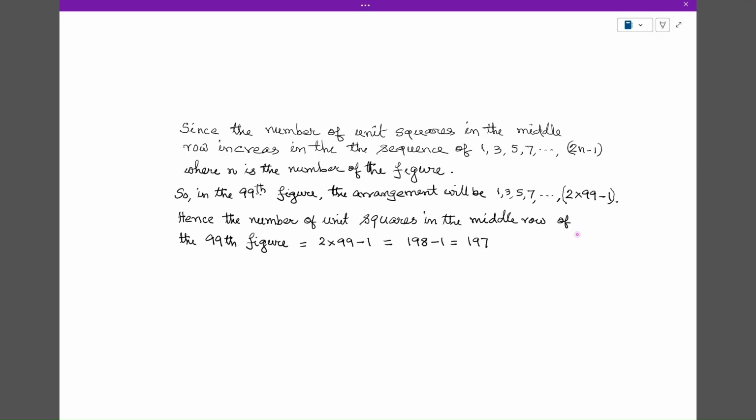Hence, the number of unit squares in the middle row of the 99th figure is 2 multiplied by 99 minus 1, and that is equal to 198 minus 1, that is 197.